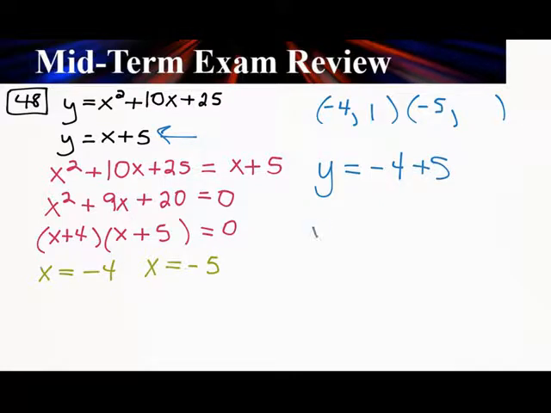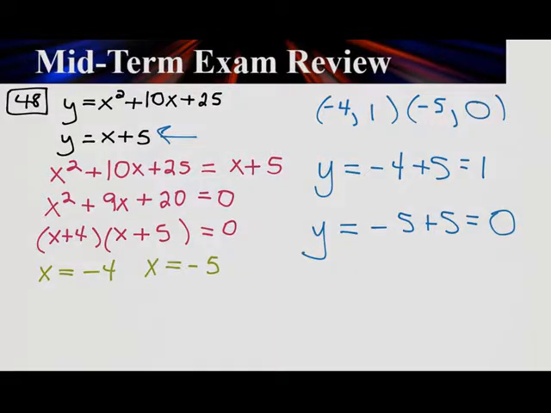And then we're going to do it again, using the -5 this time. This one was 1, but this one is 0. So our answer is that the parabola and the line are going to intersect at (-4, 1) and (-5, 0). Okay, let's try the next problem.